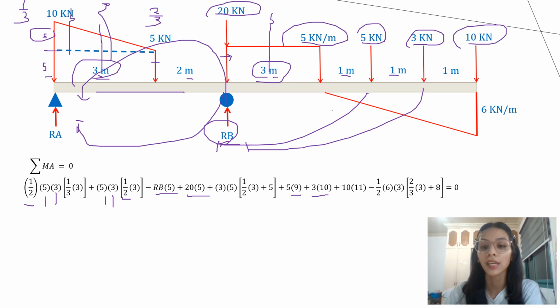Our point load 10 kN clockwise, so positive, plus 10 times the distance, which is 11.